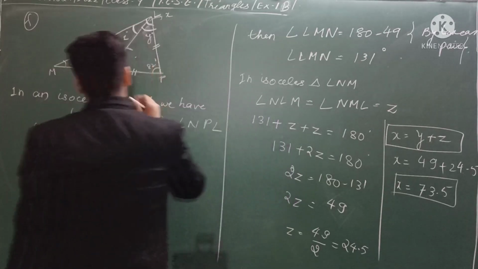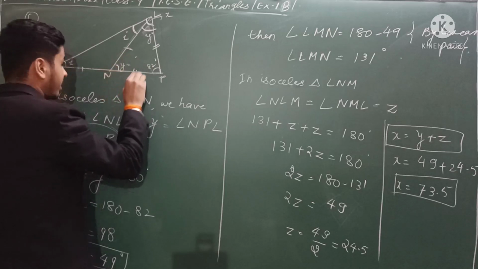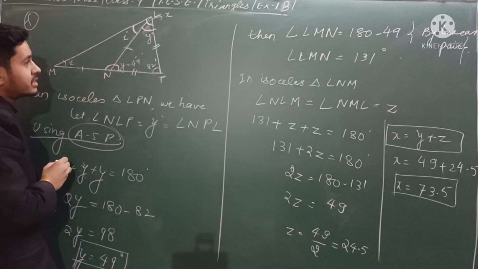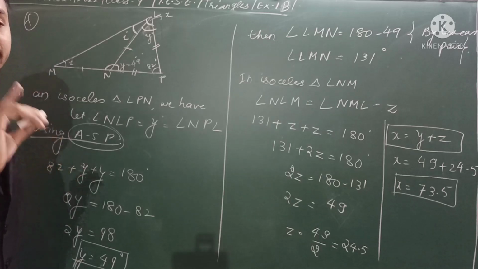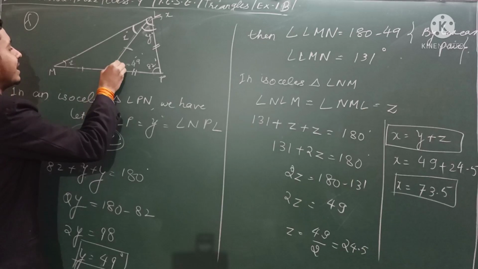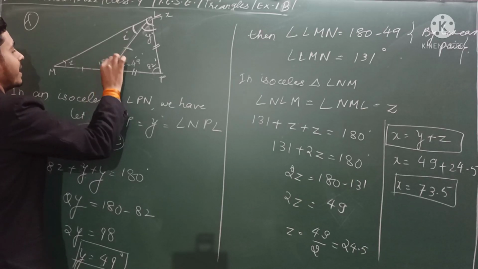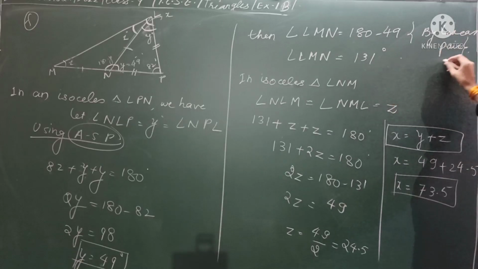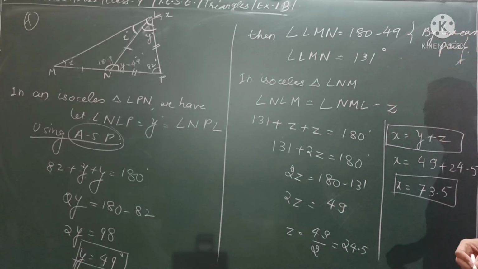Now that we have the y value, which is 49 degrees, can we find this angle? Yes, definitely, by the linear pair. By the linear pair property, we know that this angle will be equal to 180 minus y, which is 180 minus 49, 131. So I have written here by the linear pair.